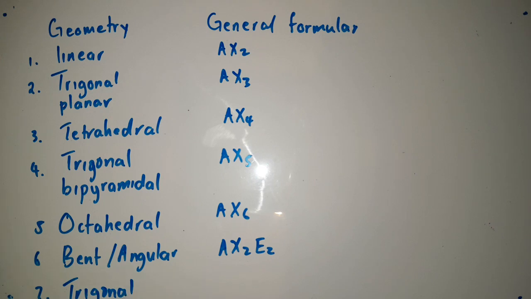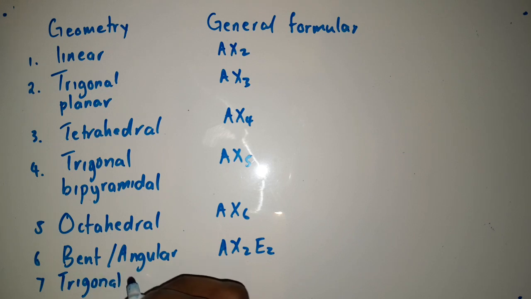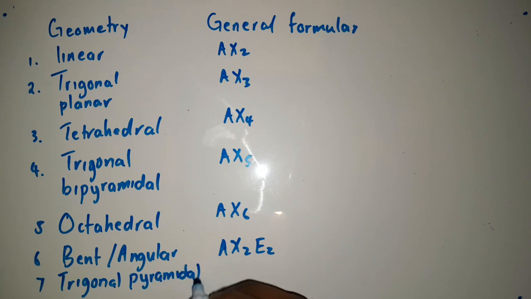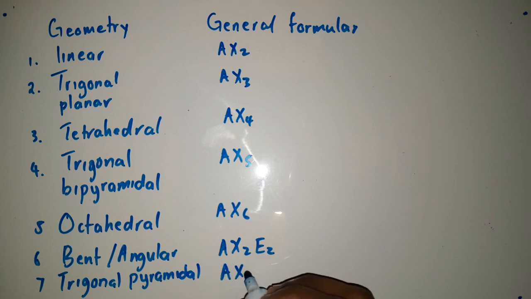Oh, sorry, over there, let me try to squeeze it somewhere here. We have a trigonal pyramidal, something like this, AX3E with a lone pair.